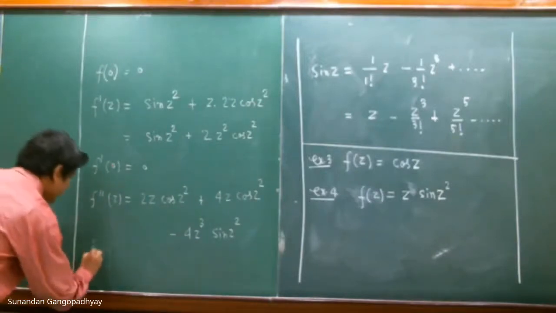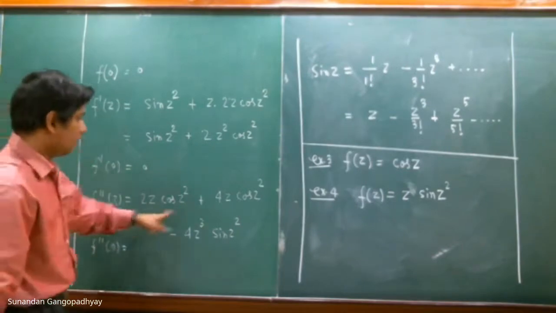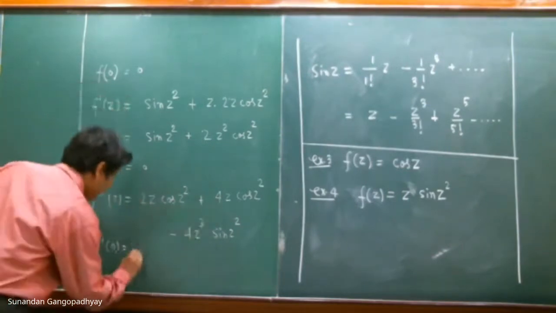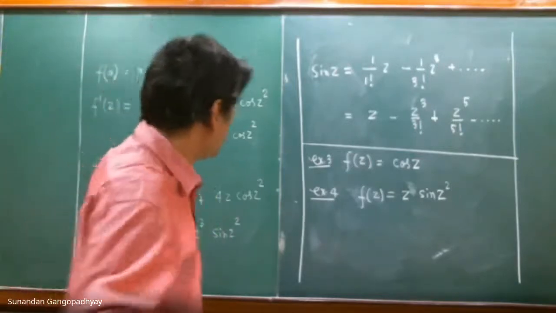So what is f double prime 0? This is 0, this is 0, this is 0. It's once again 0. So you have to keep on doing this.